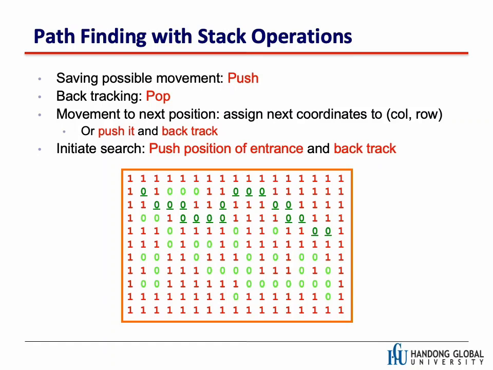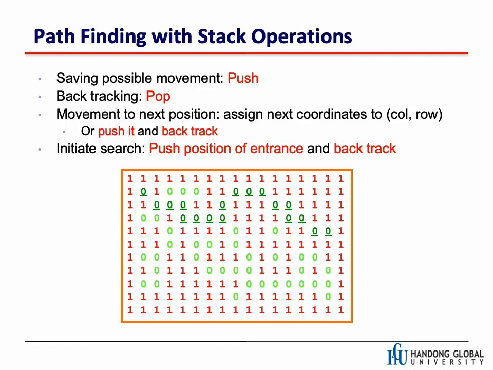If we don't move to that position, then we just push it, and we will backtrack with pop operations. I will explain that with this example. Initiate search is actually pushing the position of the entrance and backtrack. Let me explain what these operations do.